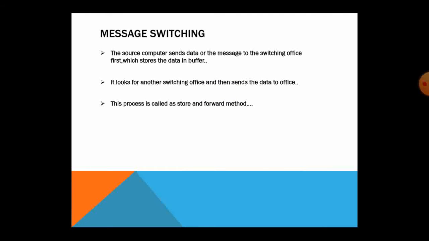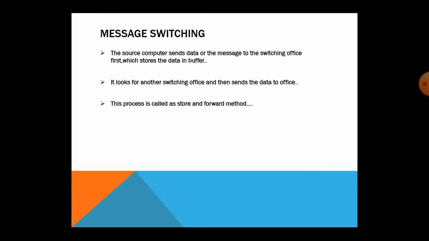The next switching technique is message switching. In this technique, we send the message from the source computer to the destination computer. The source computer sends the data or message to the switching office. In between the source computer and the destination computer, there is a switching office.